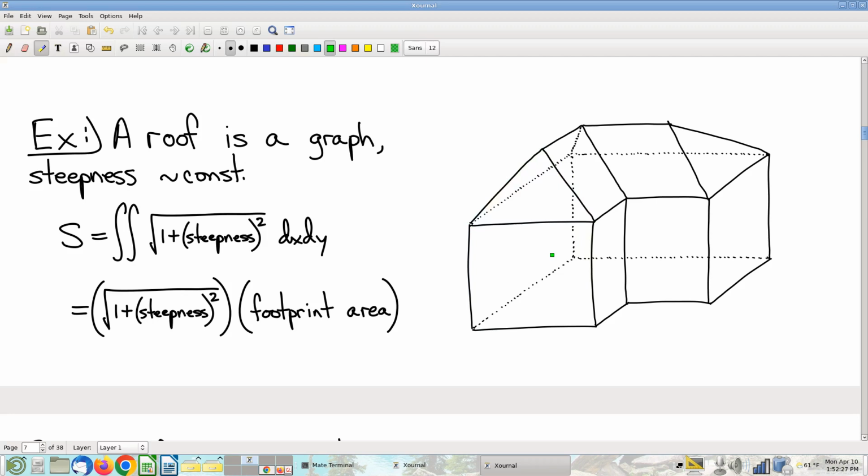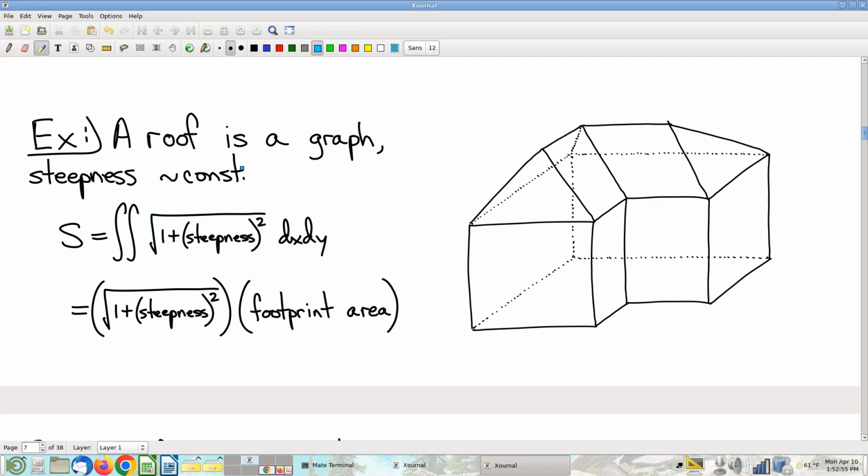So here's the clever observation. The roof overall is a graph. Trying to find the area of a graph, we can write with this formula right here that we just talked about. And here's a little architectural point.